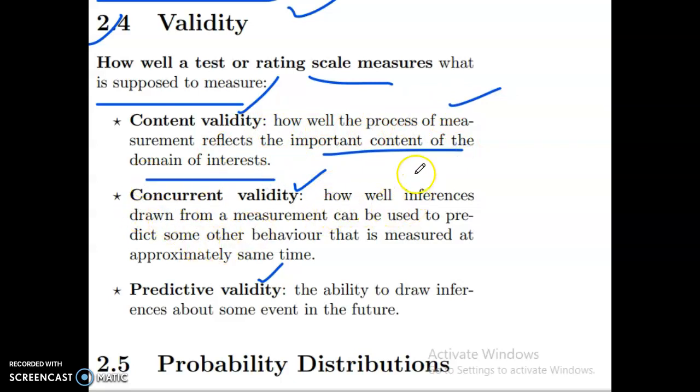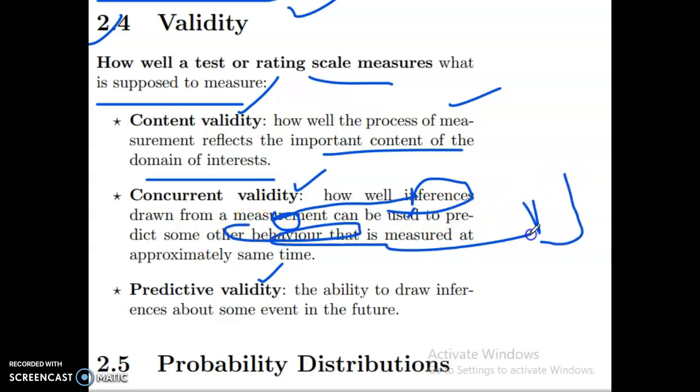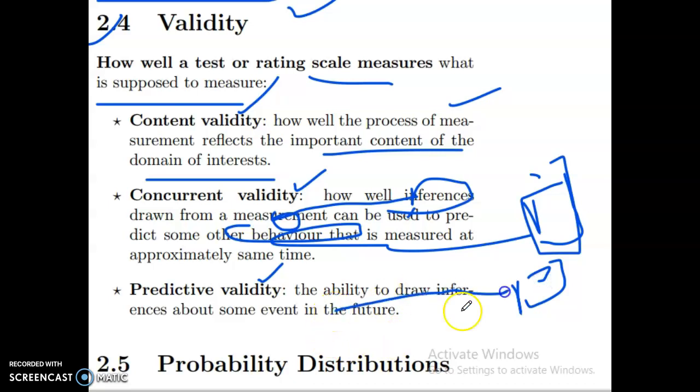Concurrent validity: how well inferences drawn from the measurement can be used to predict some other behavior that is measured at approximately the same time. Predictive validity: the ability to draw inferences about some event in the future.